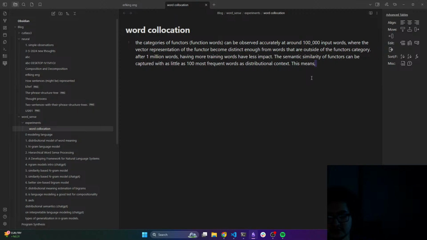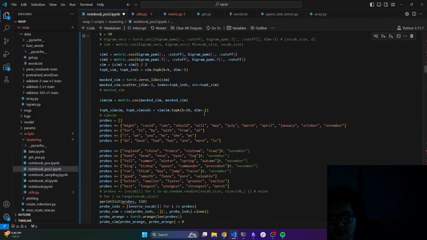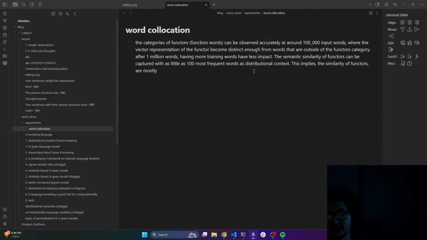This implies the meaning of functors is mostly defined by what other frequent words, mostly functors, they co-occur with.